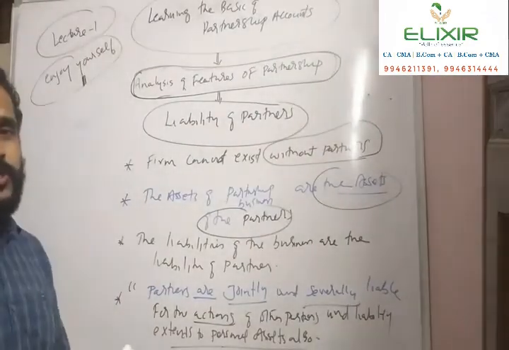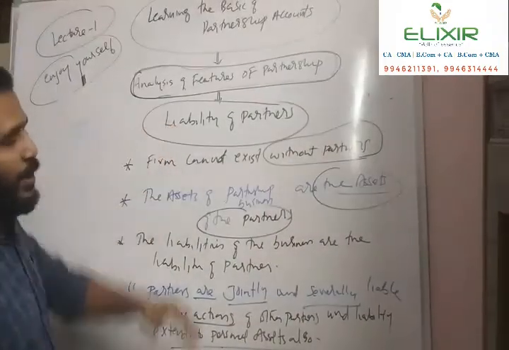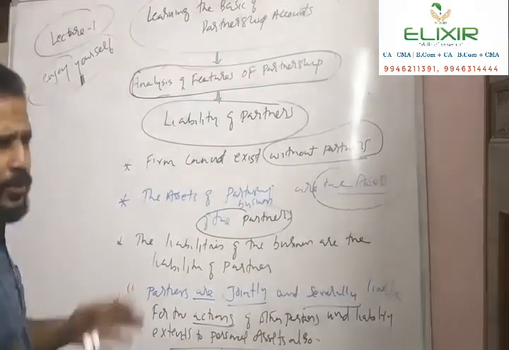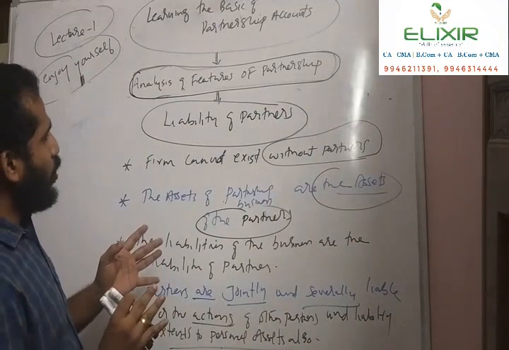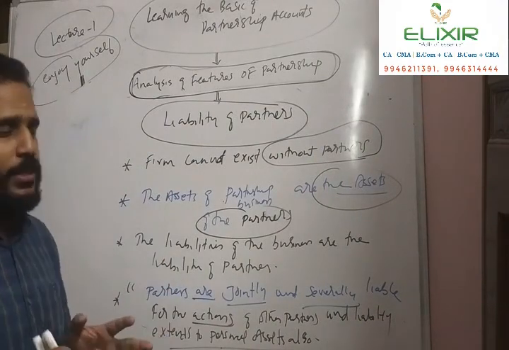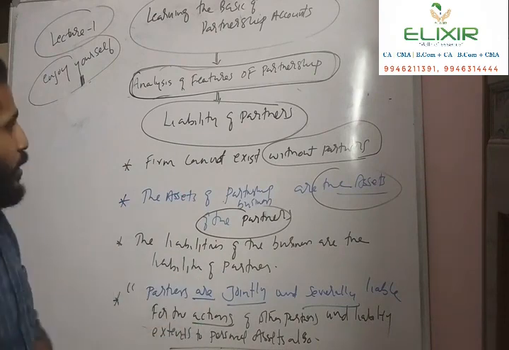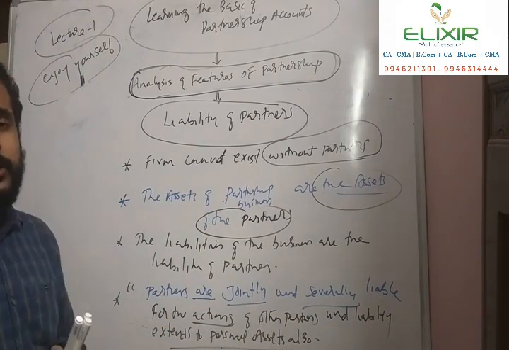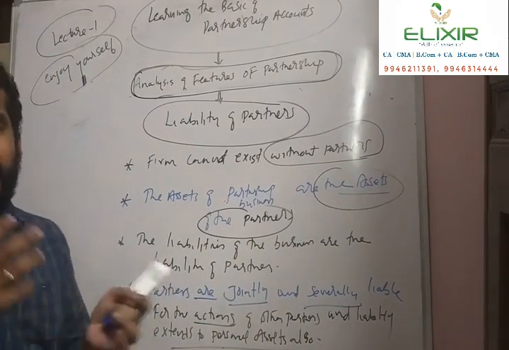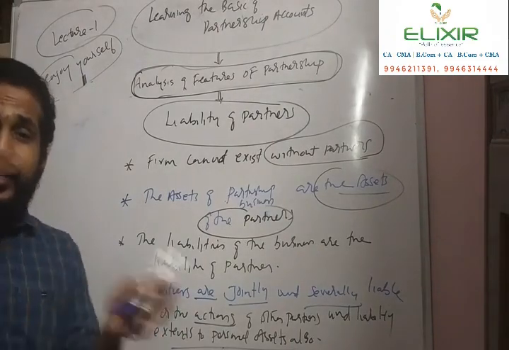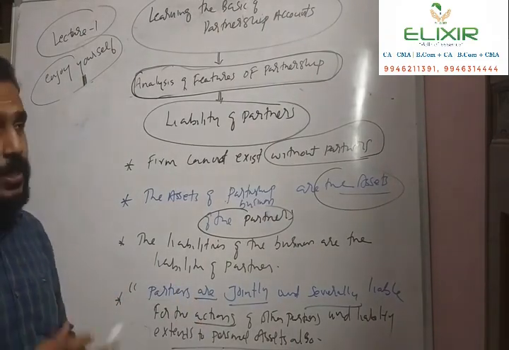And now the last feature of partnership business, that is the liability of partners. So let us see how the partnership business is constituted with regard to the liability of the partners. You might have heard the term separate legal entity in the Companies Act. What does it mean?